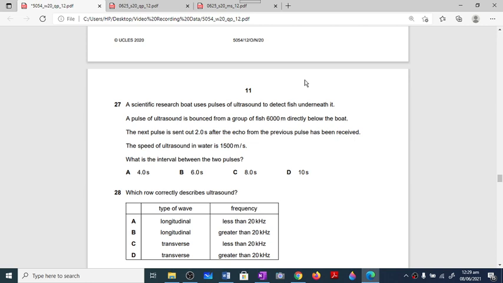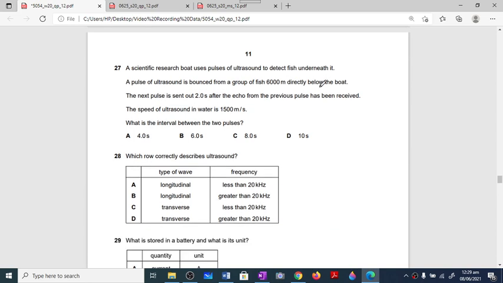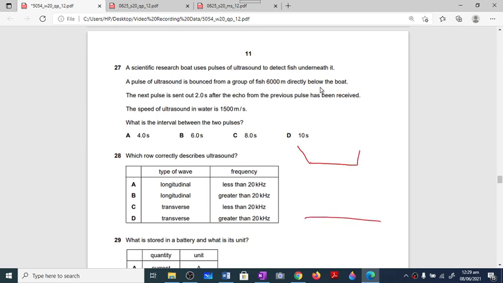So first I will draw the diagram. This is the most difficult question so far in the paper. He is saying that the boat will emit the... I am going to draw a fish. So this is a fish, a physics fish, so no need to worry about that.